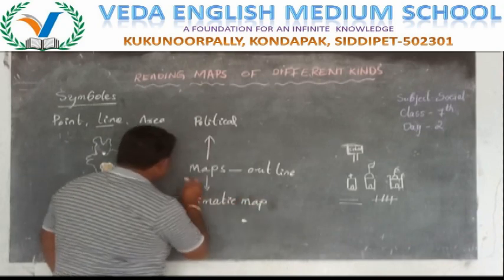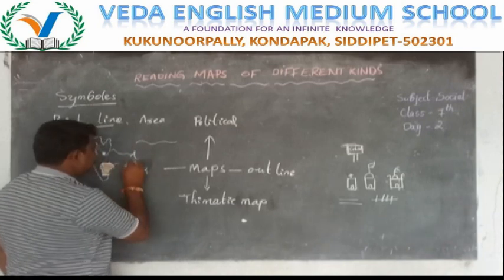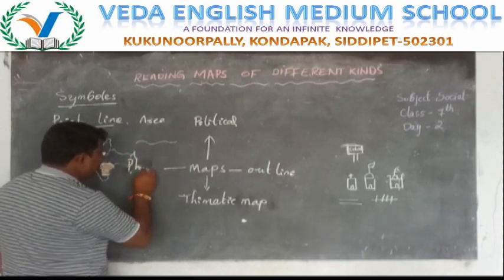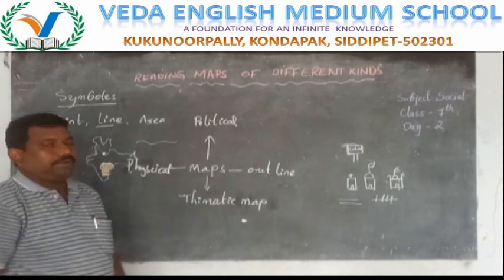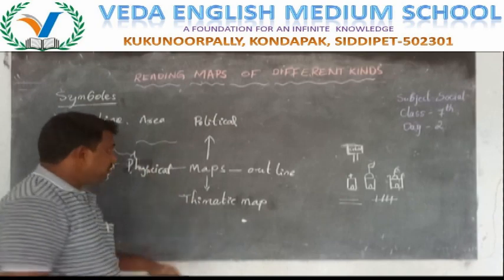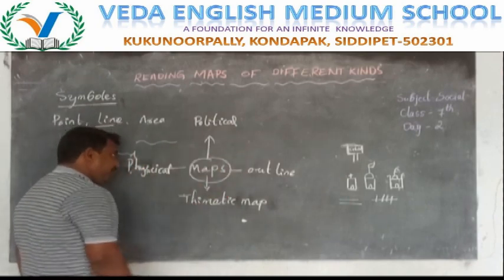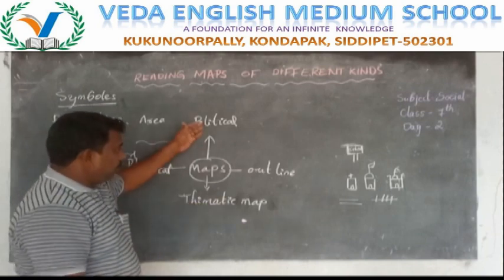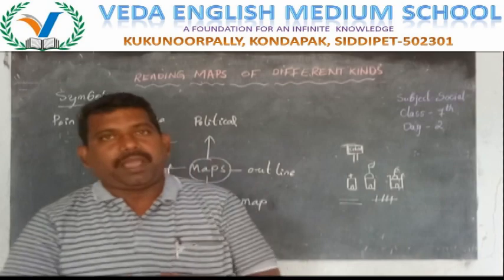And fourth one is physical map. Okay, children, recall once. In the previous class, I explained to you about the different types of maps. What are they? Political map, outline map, thematic map, and physical map.